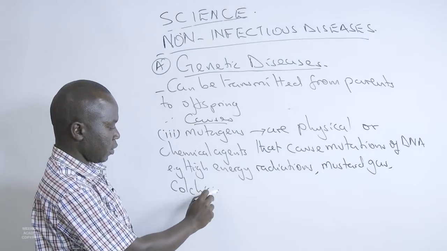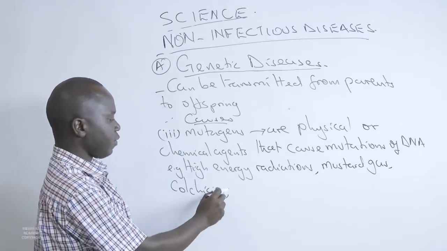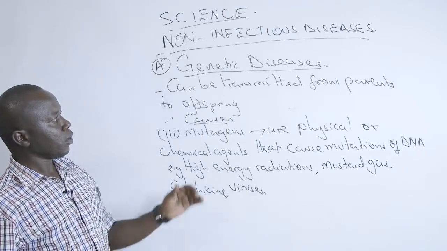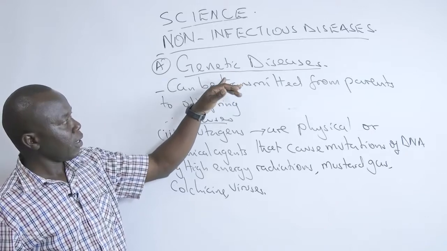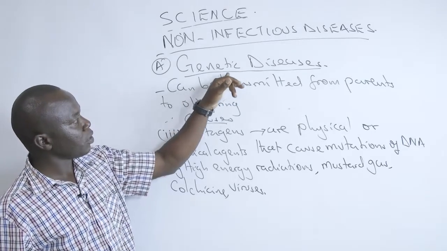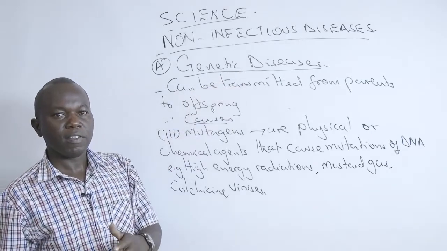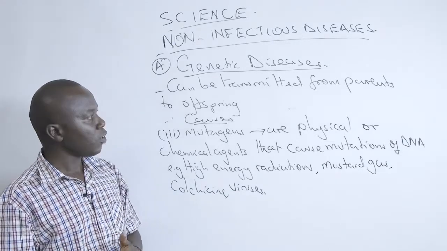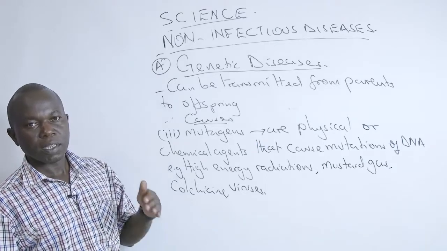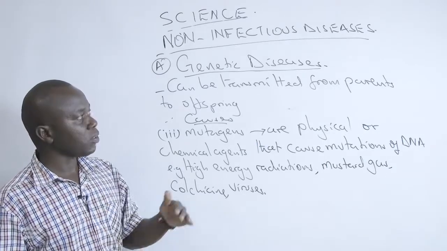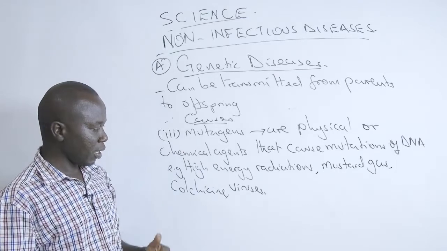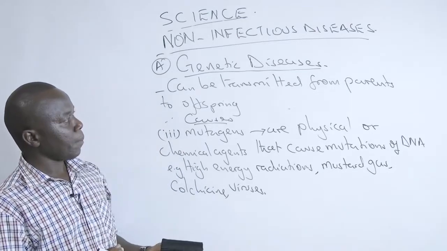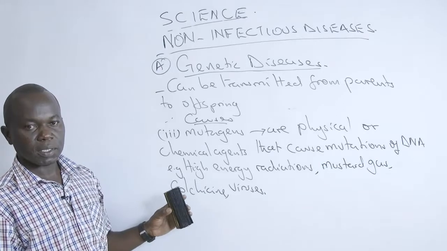We also have viruses under this group. So one very emphatic point about genetic diseases is that they have the capacity to be transmitted from parents to offspring because they affect an individual at gene level.